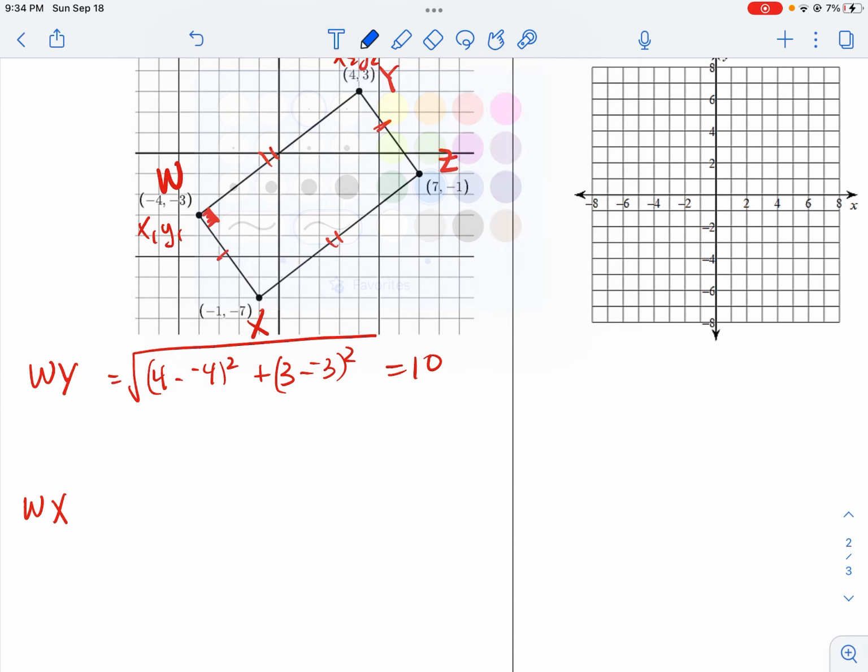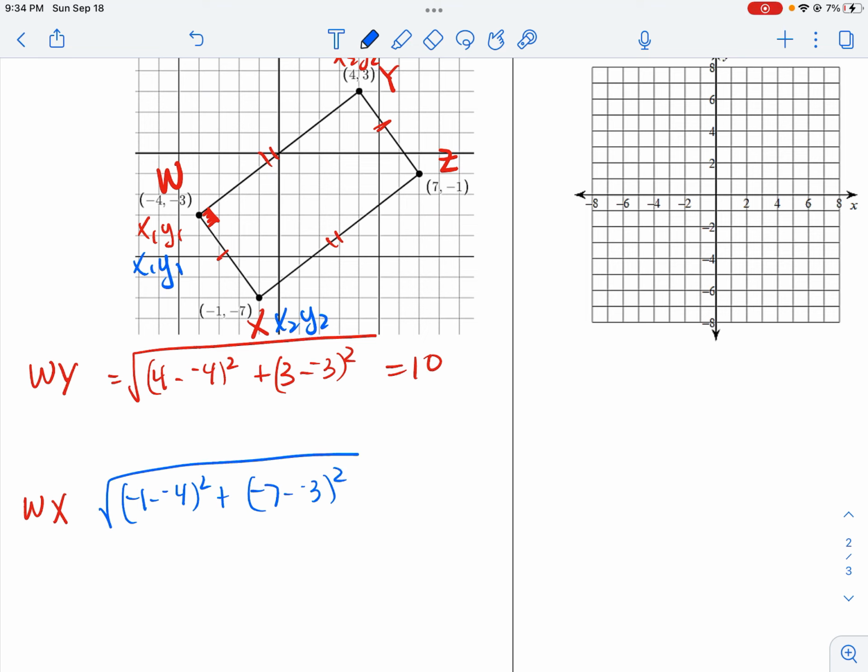And then I'm going to label this X1, Y1, X2, Y2, so that I can have -1 minus a -4 squared plus -7 minus -3 squared. So that's 9 plus 16, that's 25, that's 5.